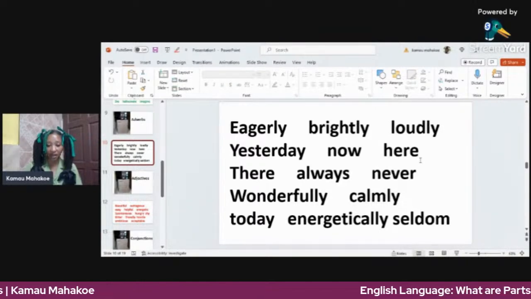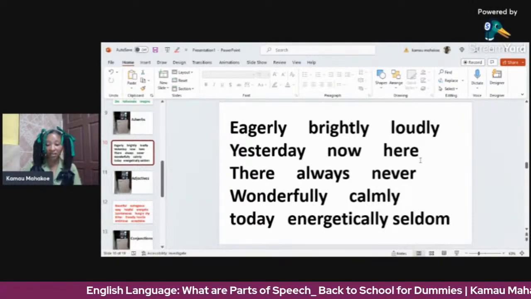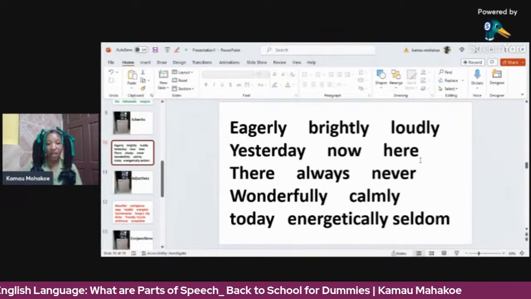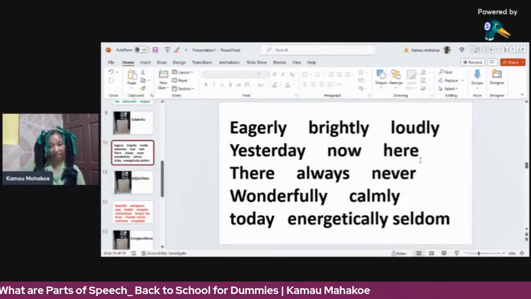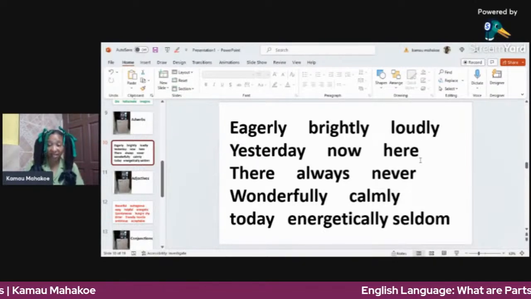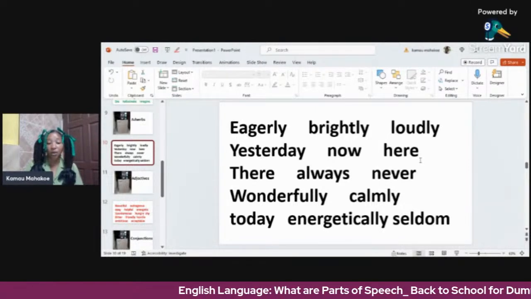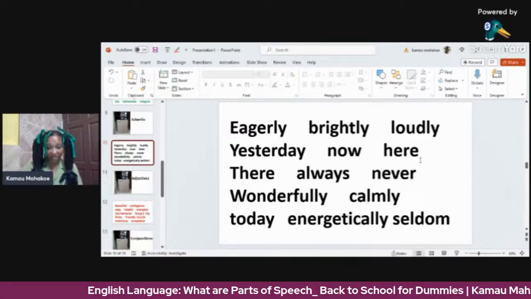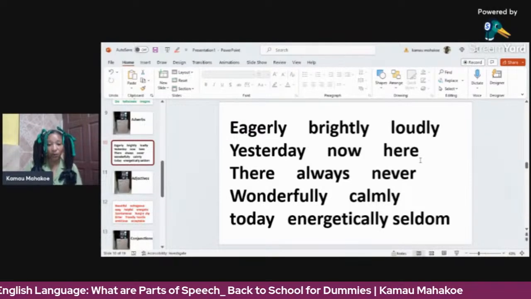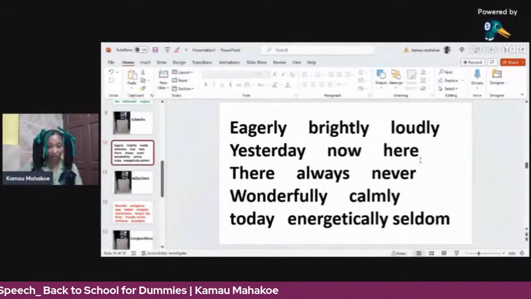Those are adverbs. One of the things I want you to take note of, though, when we talk about parts of speech, there are some words that can be nouns, they can be verbs, they can be adjectives, they can be more than one part of speech. The clincher is, what is the word doing in that particular sentence, right?